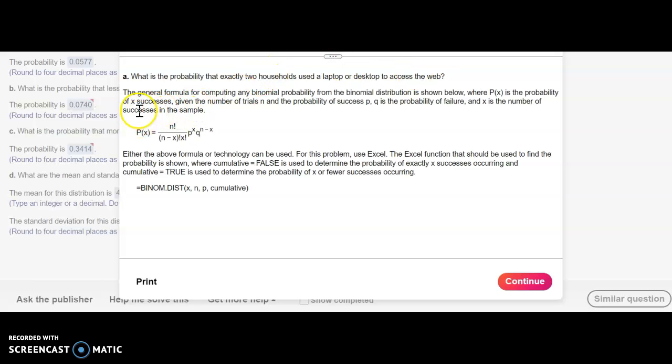X is your number of successes, N is the number of trials, and P is the probability of success.